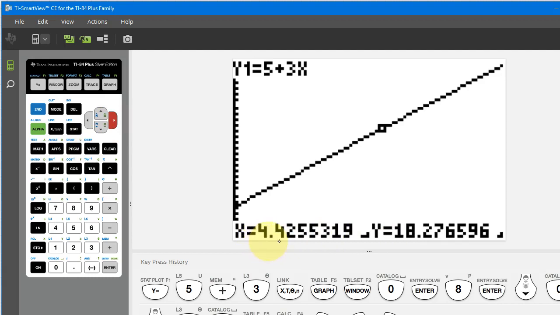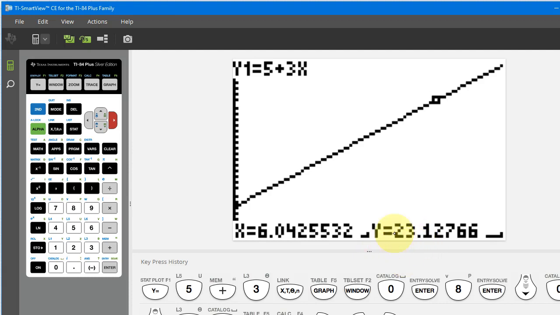For example, 4.4 hours of riding will cost you $18.27. And you can keep going over until you get to x equals 6. Okay, now that's about 6, so it's going to be about $23.